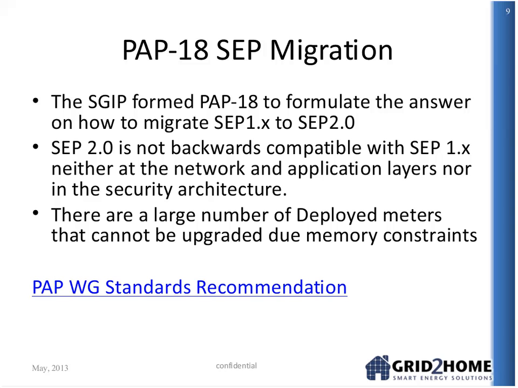And today, a lot of meters were deployed with SEP1 that may not be able to be upgraded due to the memory constraints they have on fitting this new protocol. If you click on that link, it'll take you straight to that PAP workspace on the SGIP 1.0 work site, and you can pull down the paper if you wish on this whole subject.